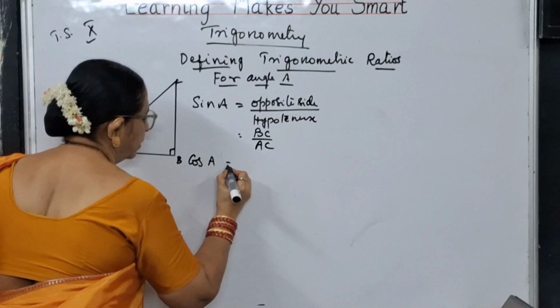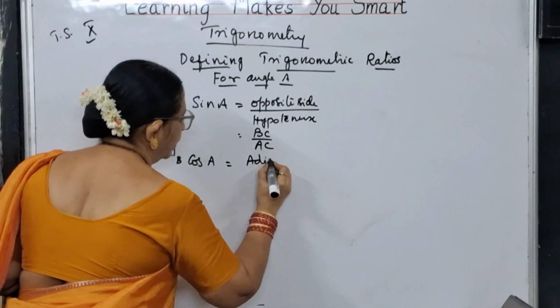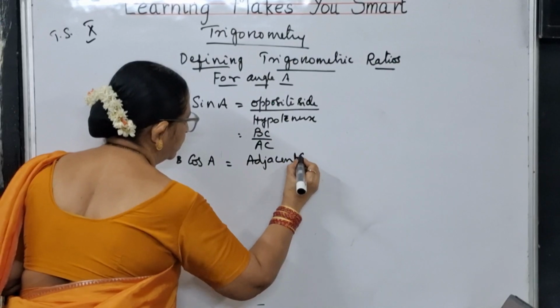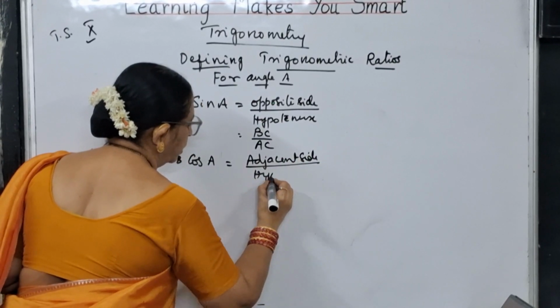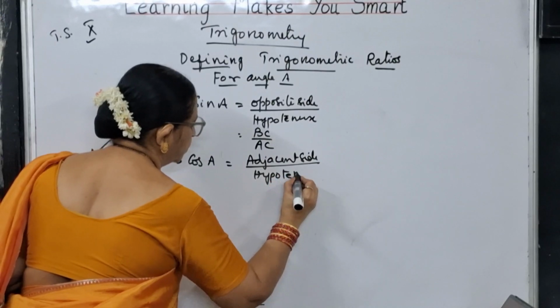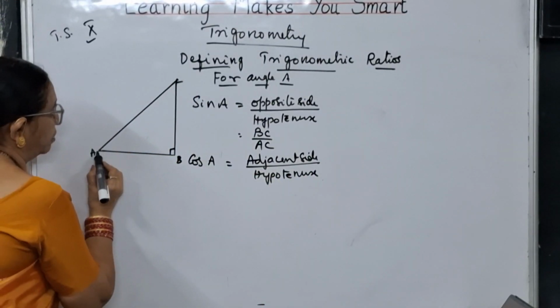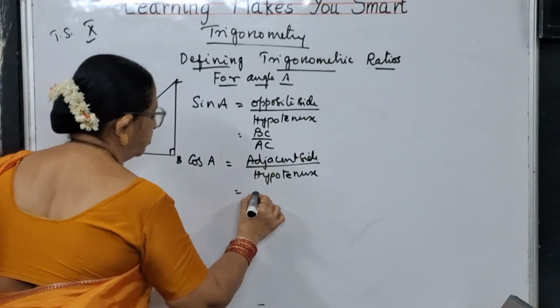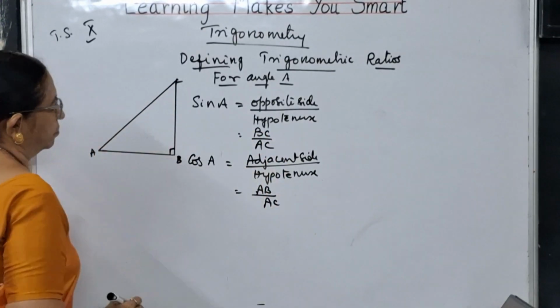Now, cos A. Cos A formula, adjacent side by hypotenuse. For this, adjacent side is AB, hypotenuse is AC.